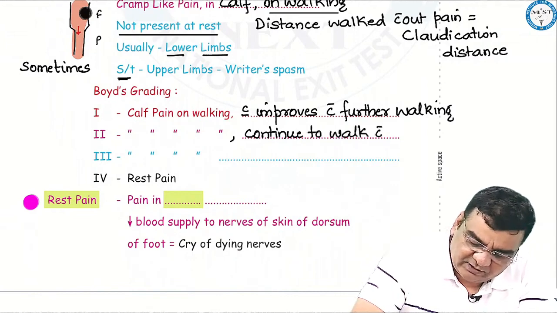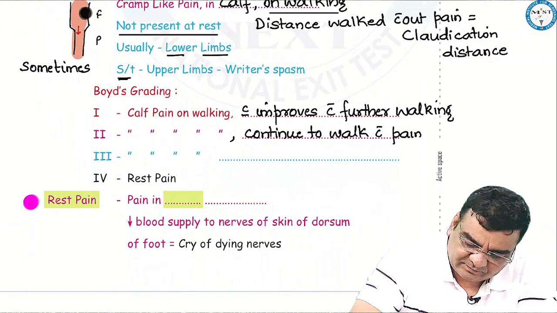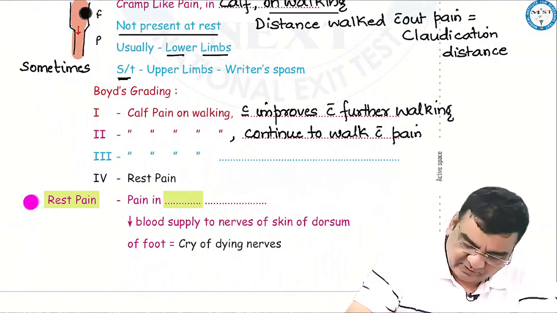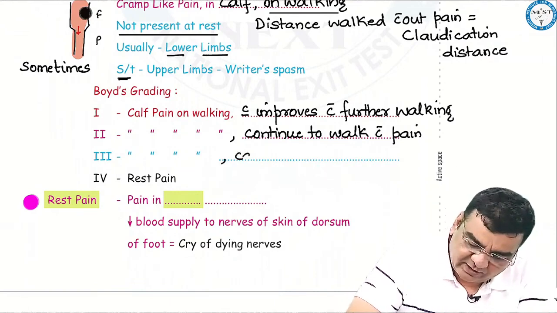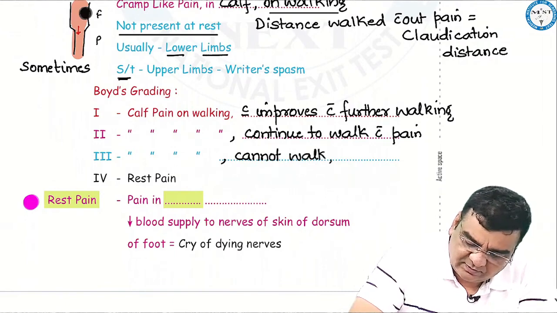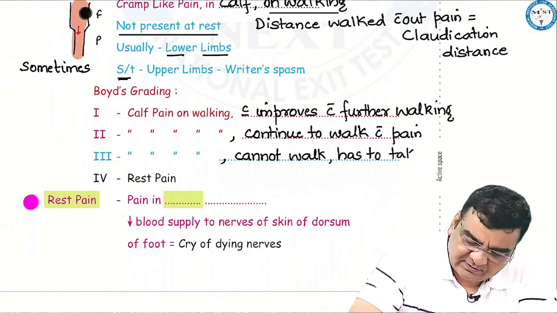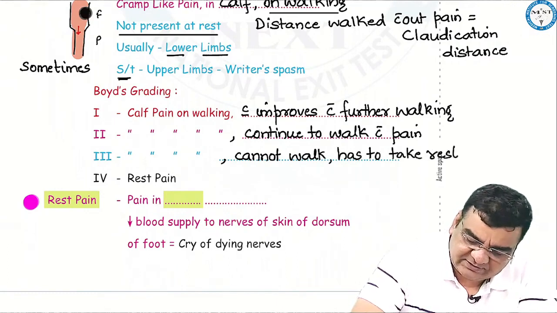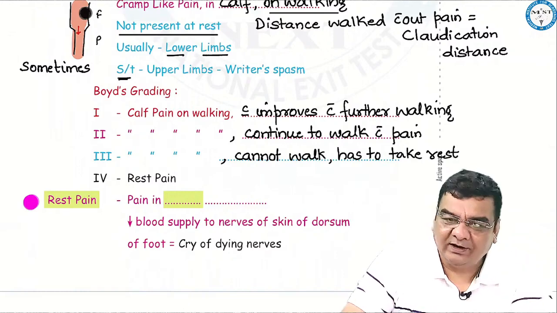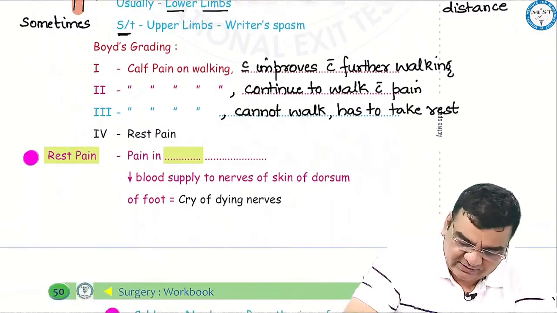Then calf pain on walking, now cannot walk, has to take rest. Okay? And grade 4, rest pain.